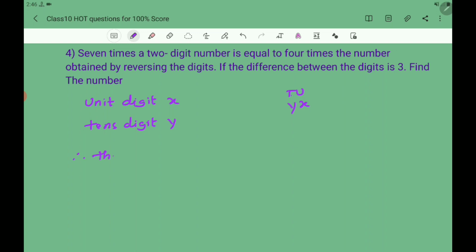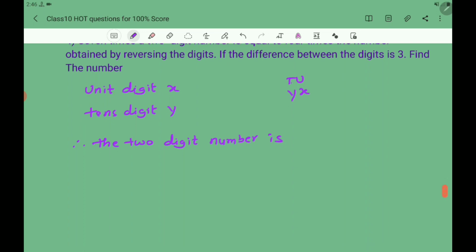Therefore the 2-digit number is 10 into y plus x.